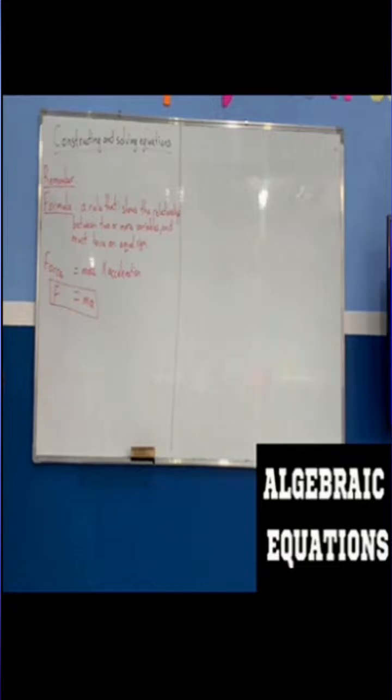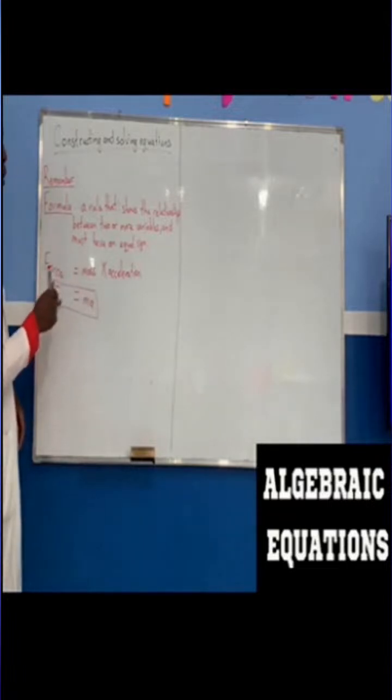On the Earth, the formula is F equals mass times 10 because we round off the acceleration due to gravity to 10. On the Moon, it is 1.6 meters per second squared. So this is the formula which we use for calculating the force.